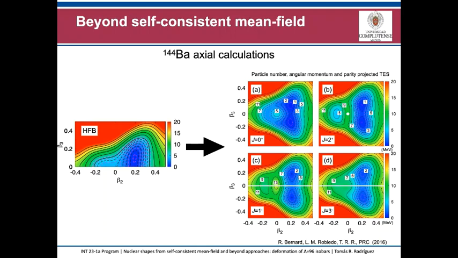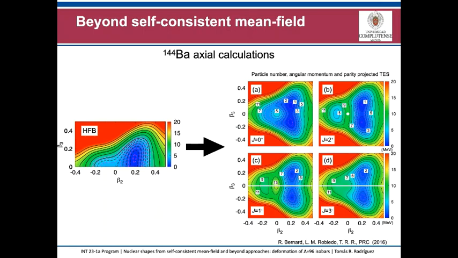For example, this is the surface that we project, and then we project to different angular momentum and parity, in this case because we are breaking parity, and then we can produce negative parity states here. So the minimum was here, but now the minimum of this surface is displaced a little bit. So the surface changes.